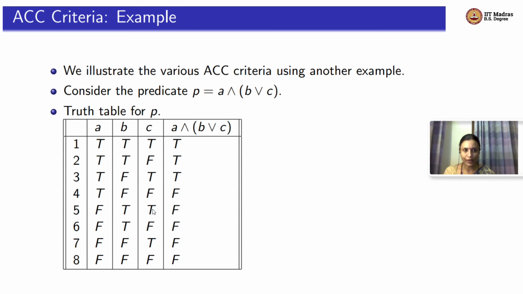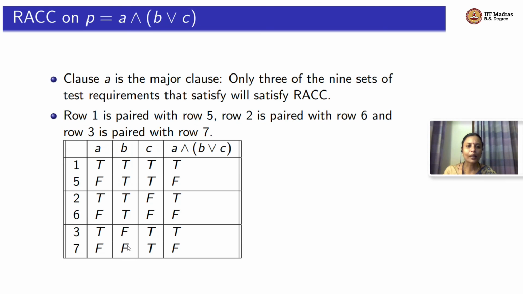Similarly, I can pair row 2 with row 6. A is true once, false once. Minor clauses B and C, in both the cases, B takes true, C takes false. Similarly, I can pair row 3 with row 7 for the same reason. A true, A false. Minor clauses B and C take exactly the same value. That's what is written here for restricted active clause coverage.